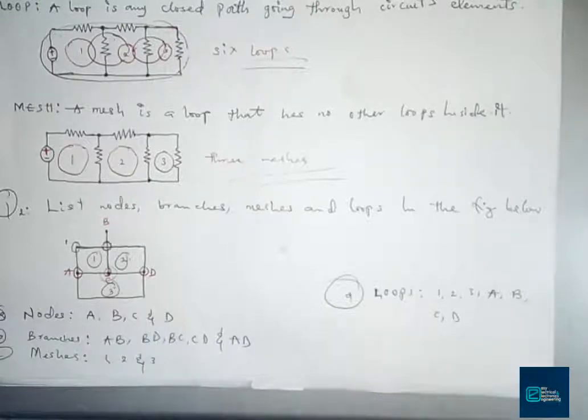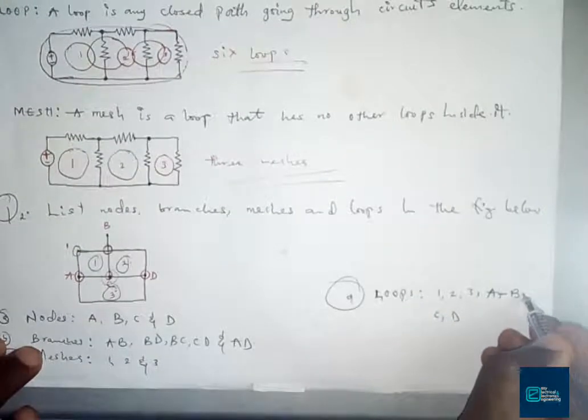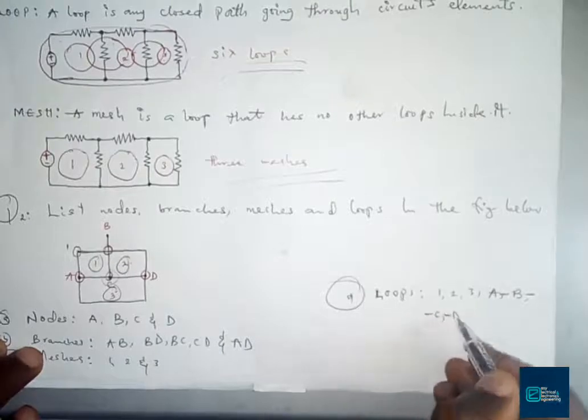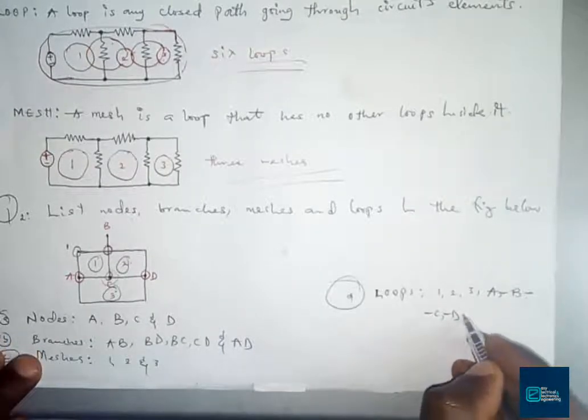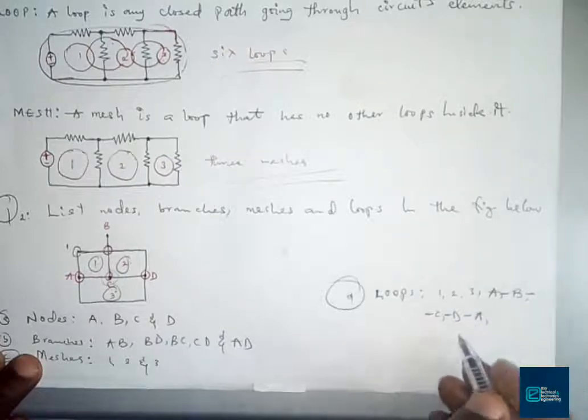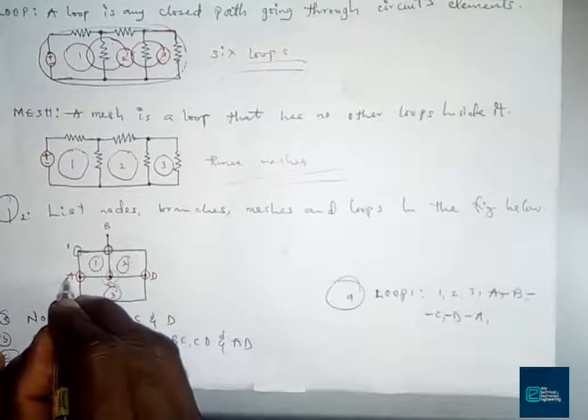If we are going to draw it, I'm going to put a hyphen in front of them because they are together. I think this one ends at A. Let me use my black pen to do this.